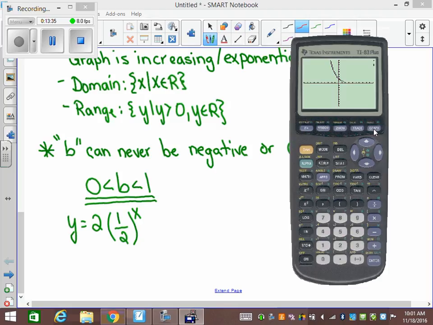What happens to my graph? It's decreasing, which makes sense because whatever your value was, it's half of it now, right? Half the value. So your graph is decreasing, or called a decay.